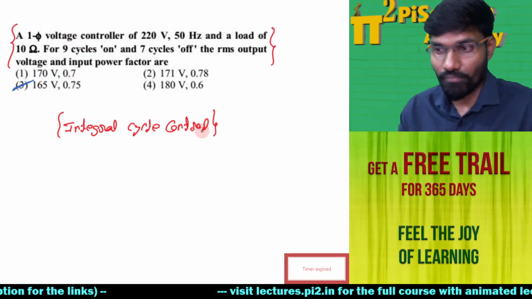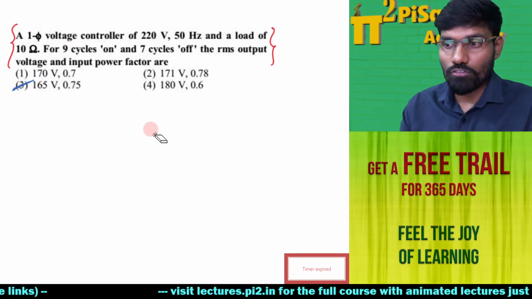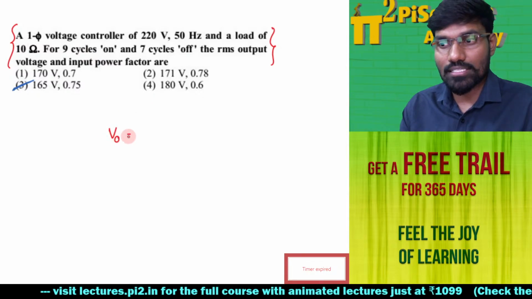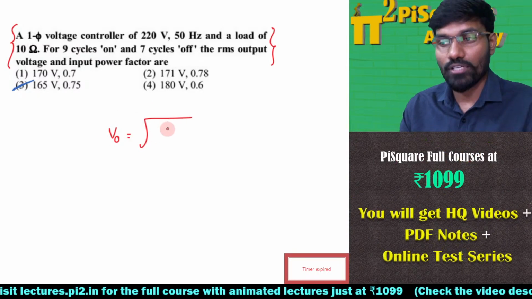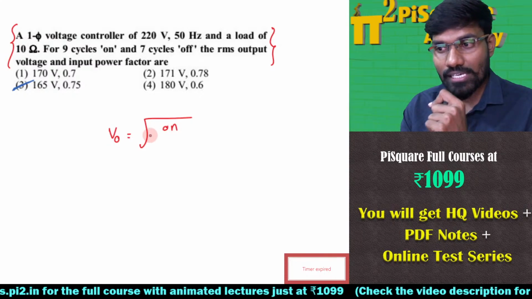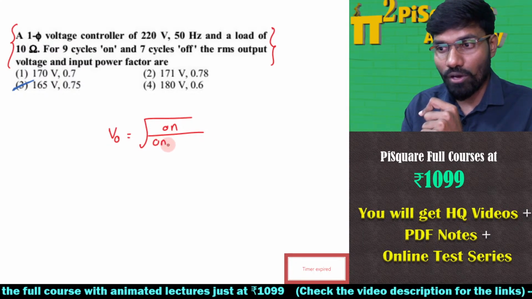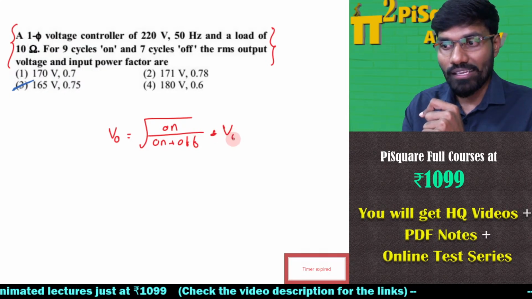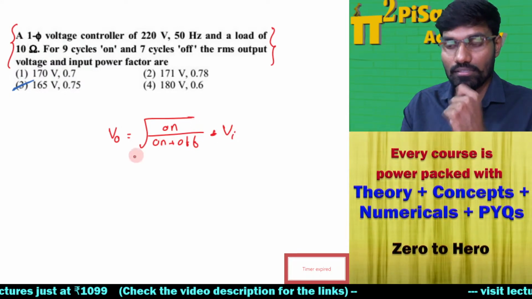Anyways, for integral cycle control, output voltage is equal to the square root of the number of on cycles divided by the number of on cycles plus the number of off cycles, times the input voltage RMS.